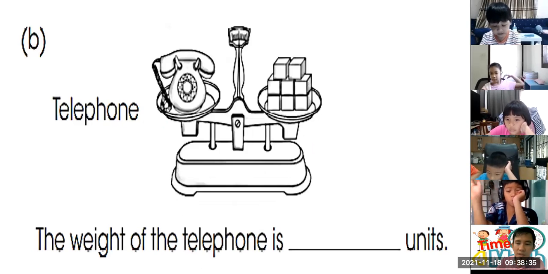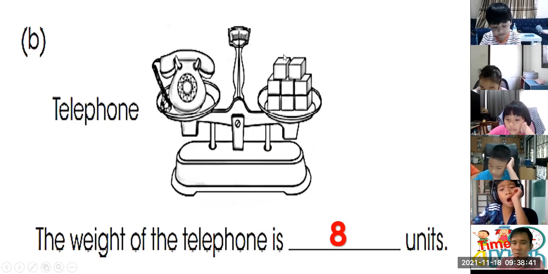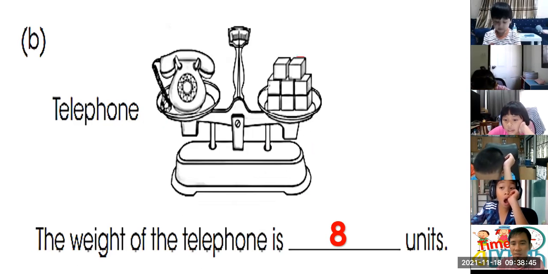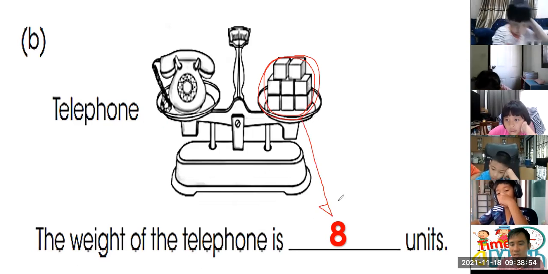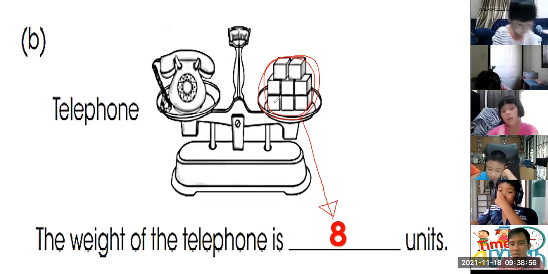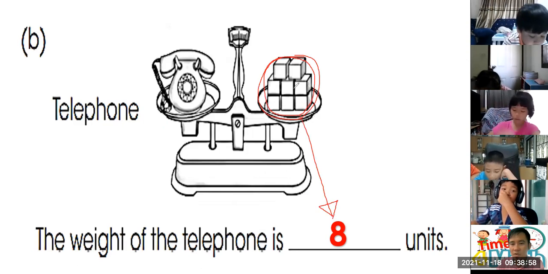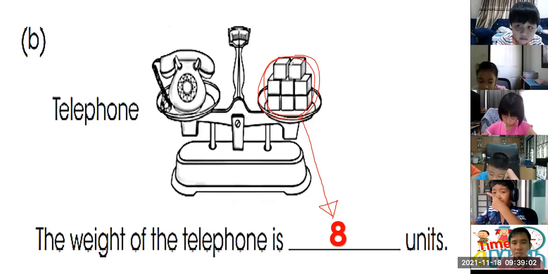The weight of the telephone is how many units? 8 units. Why 8 units? Because there are 8 blocks here. 1, 2, 3, 4, 5, 6, 7, 8. So the answer in letter B is 8 units.